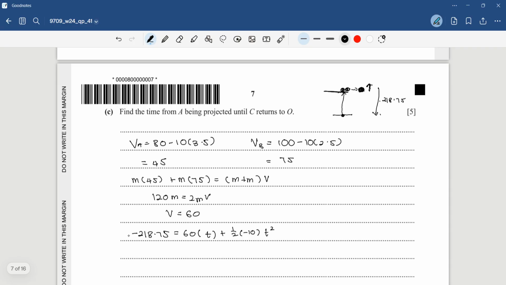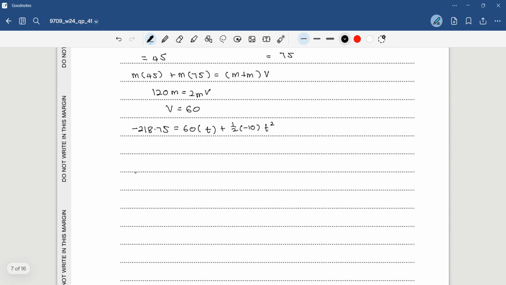Okay, so you try to solve this. So it will be positive 5T squared minus 60T minus 218.75 is equal to 0.